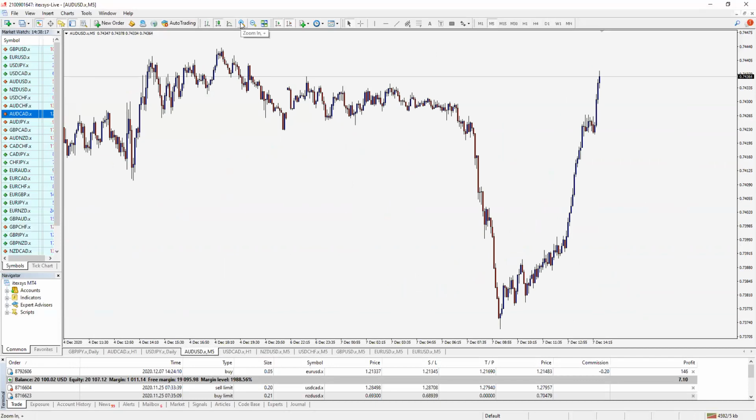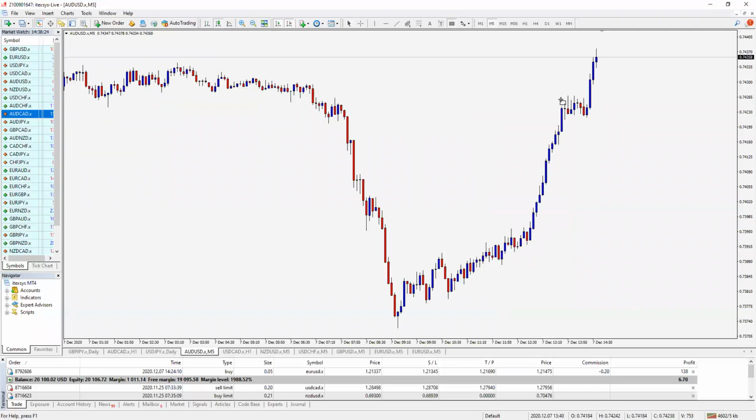Okay, movement on Aussie dollar, very sharp movement. You can see fresh demand right there. So any pullback to that area is a nice area for buying Aussie dollar.